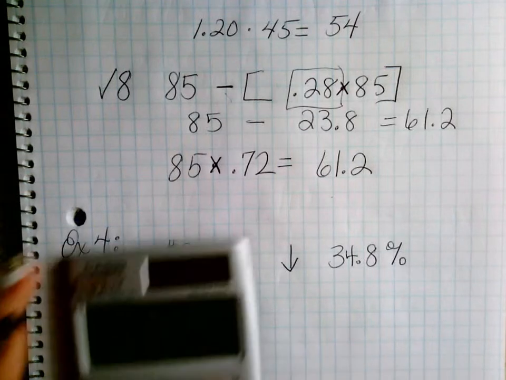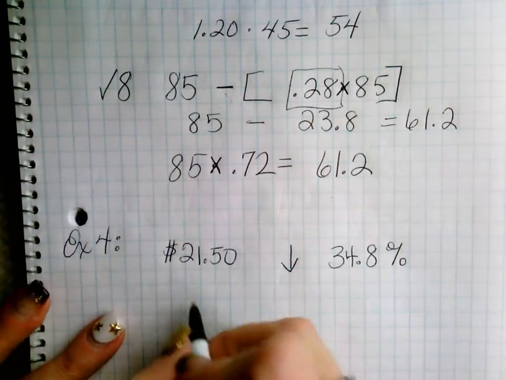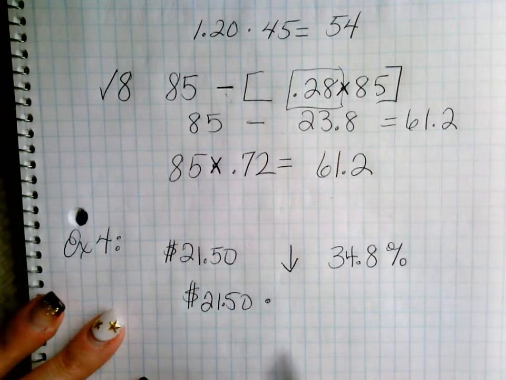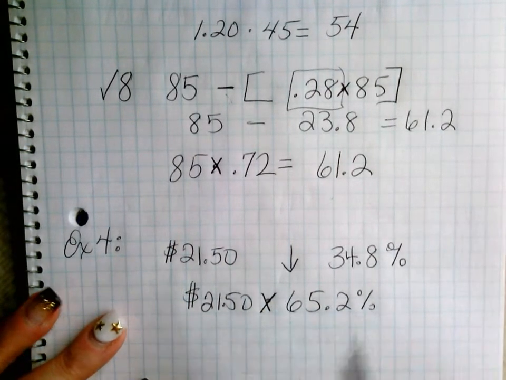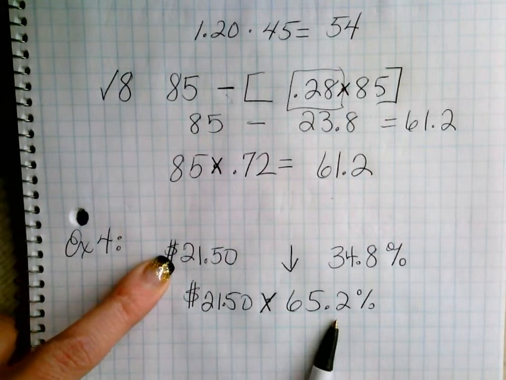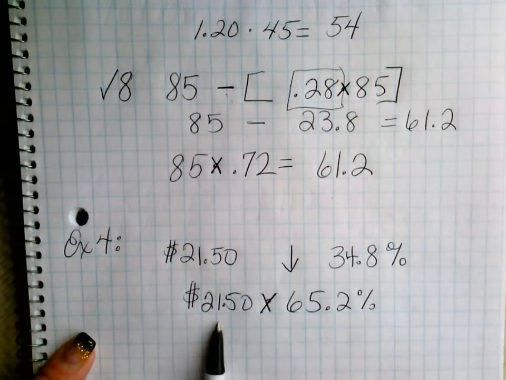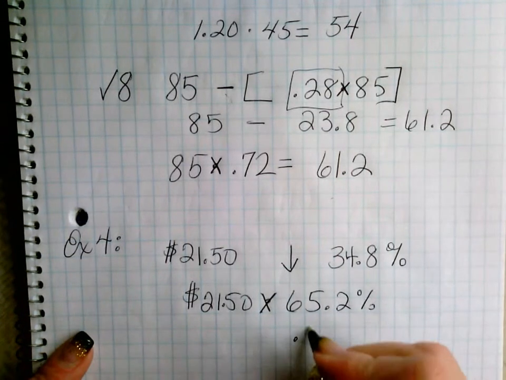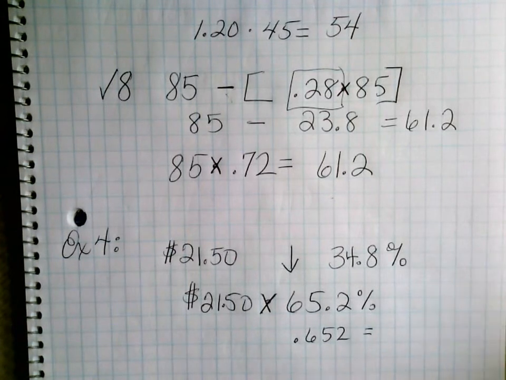So the way they show it is to find 21.50 times 65 2/10%. Why? Because 65% of the original is what the new price is. It decreased by this amount, so that means I have the original, I multiply it by what's left, by converting it to 0.652, and I'll get the new cost, okay?